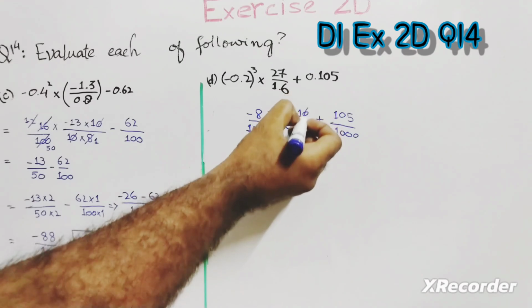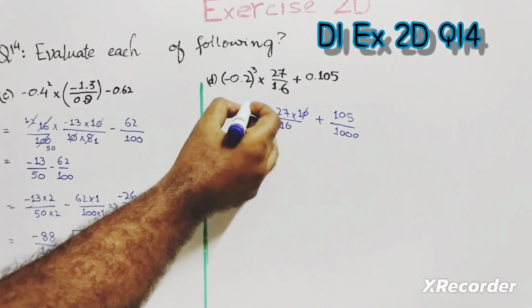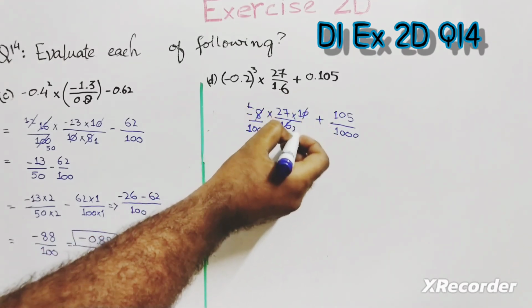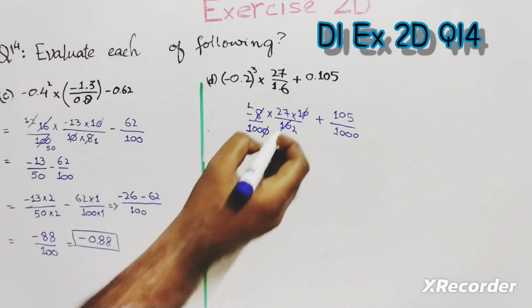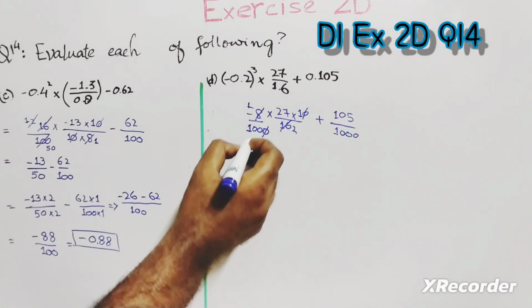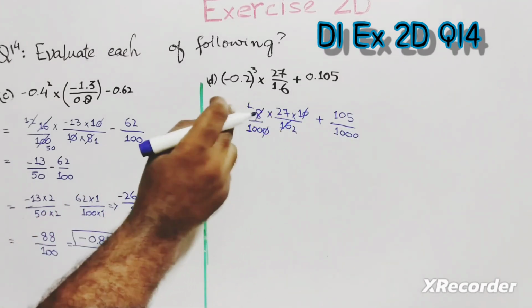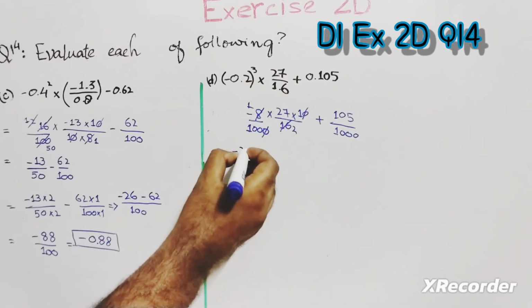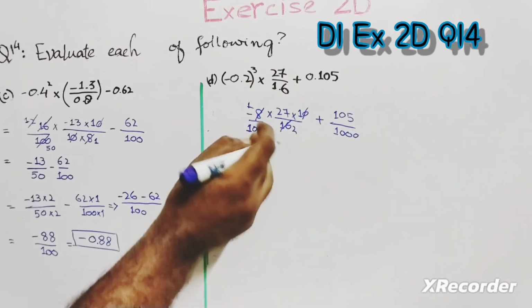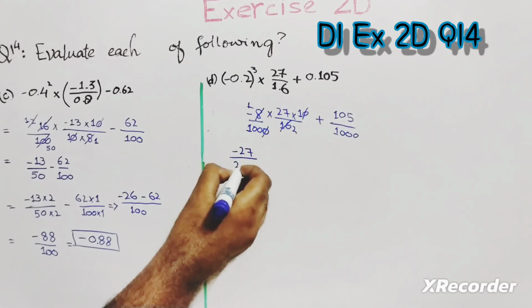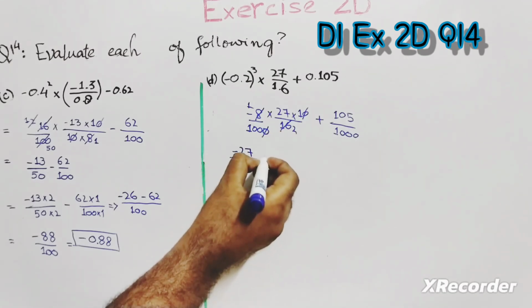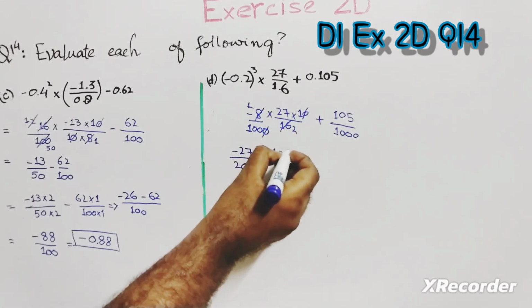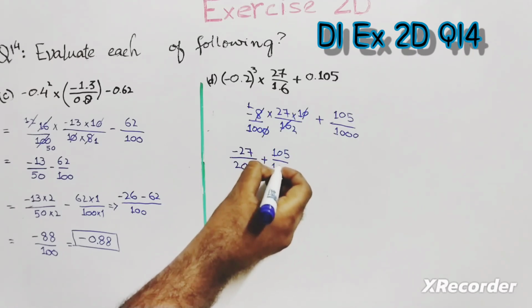So now we can cut this 0 with this 0. 8 times 1 is 8, 8 times 2 is 16. So what we get is minus 1 multiplied by 27, minus 27 divided by 100 multiplied by 2 is 200, plus 105 upon 1000.